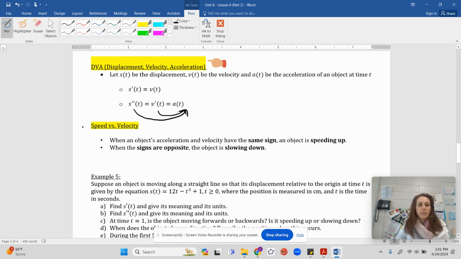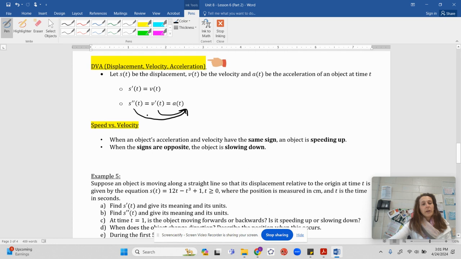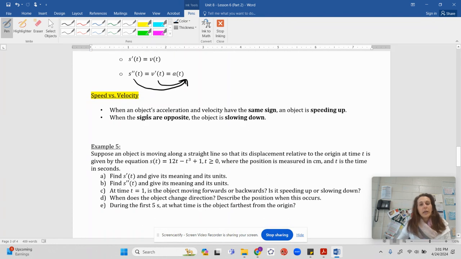We've talked a bit about speed being the absolute value of velocity. Velocity also has direction. Speed is just a scalar measure, without direction. But we can tell whether an object is speeding up or slowing down by evaluating the acceleration and the velocity at a certain time.